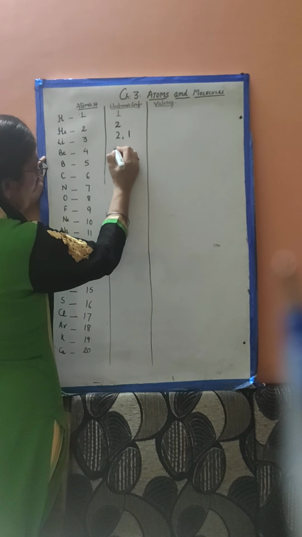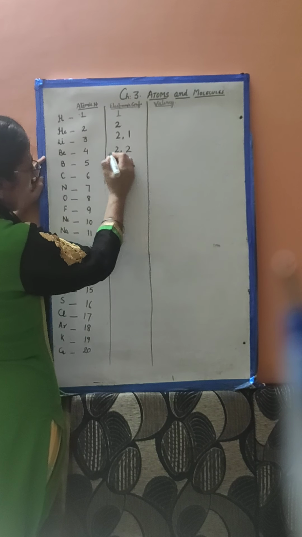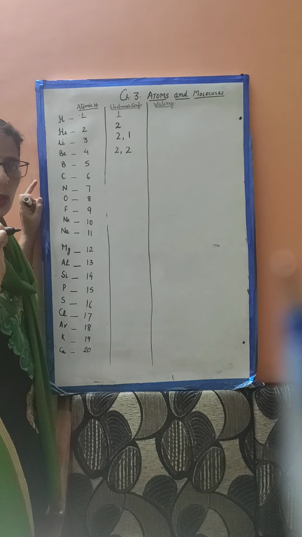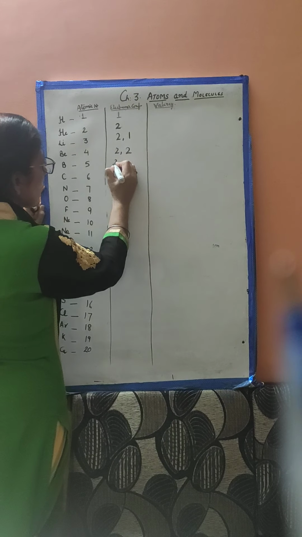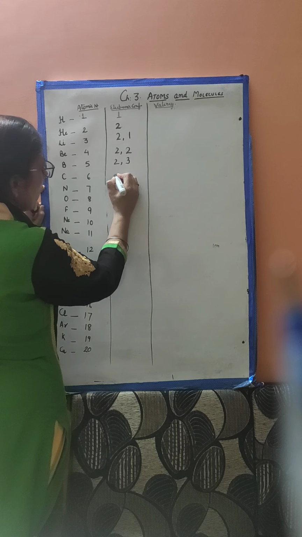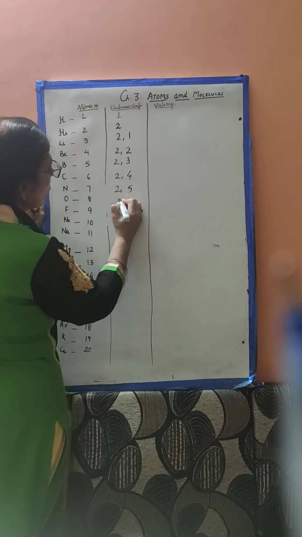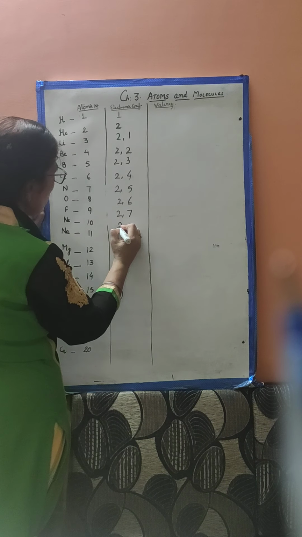Beryllium has the first shell full with 2 and the remaining 2 in the second. The capacity of the second shell is 8, so up to 8 electrons can be filled. So in sequence 2, 3; 2, 4; 2, 5; 2, 6; 2, 7; and 2, 8 for neon.